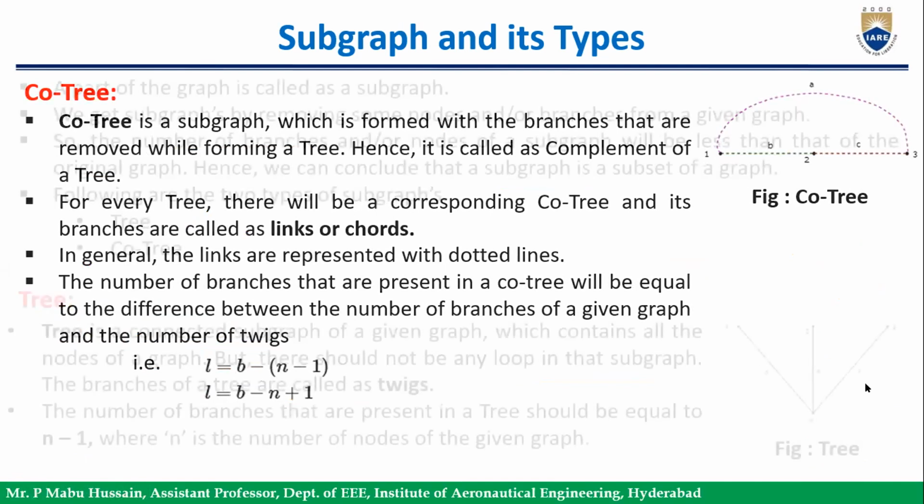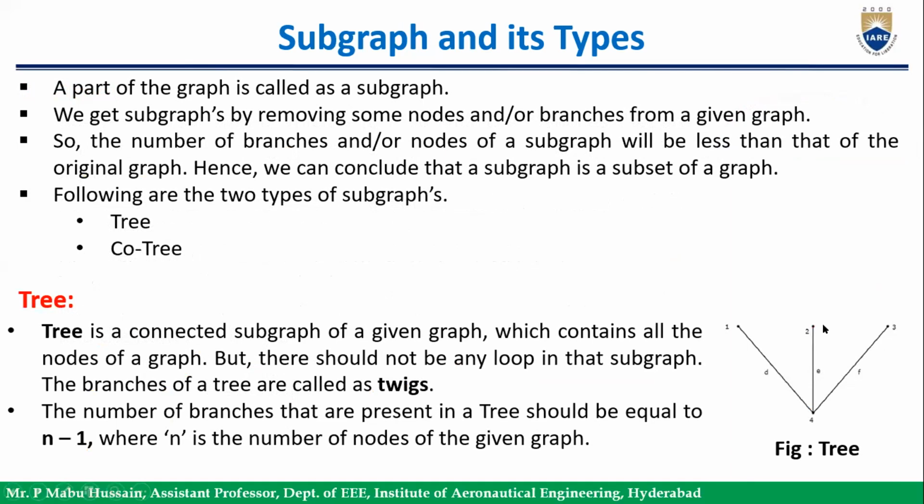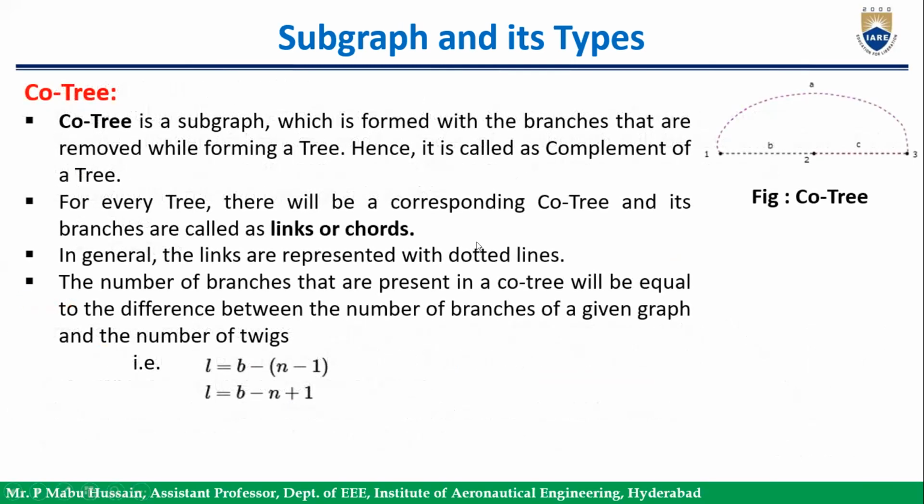So you take those removed branches and form another subgraph, and that subgraph is called the co-tree. Generally it is called the complement of a tree, and the branches of this co-tree are called the links or chords.